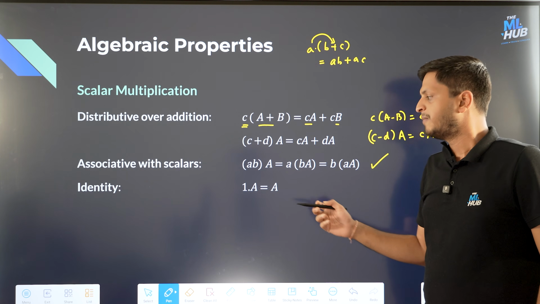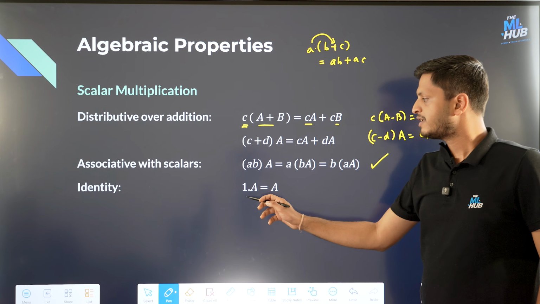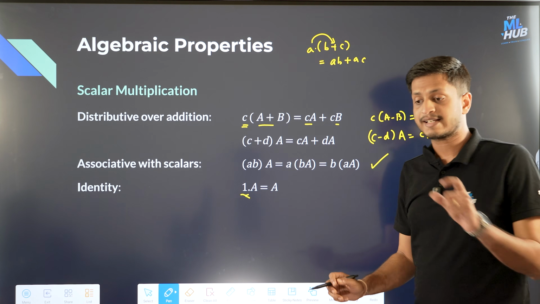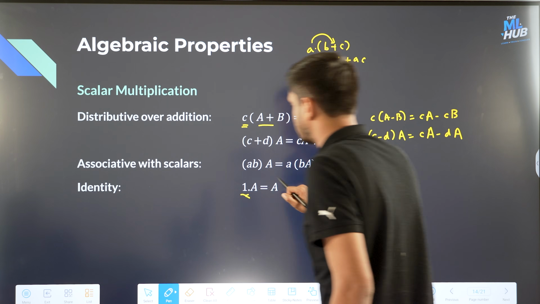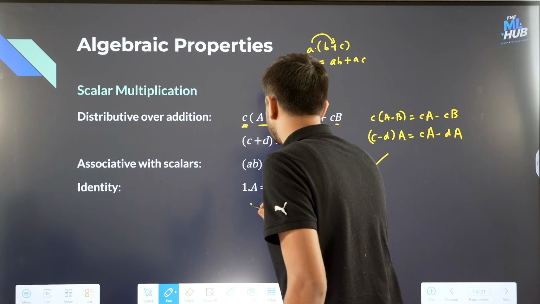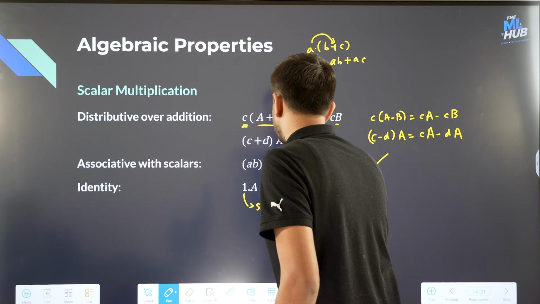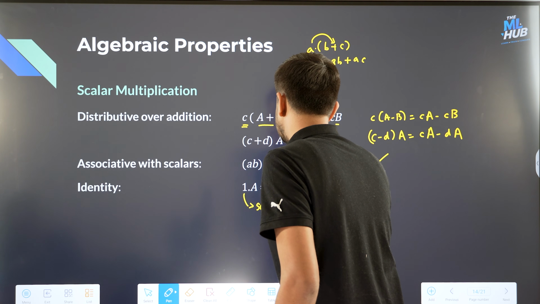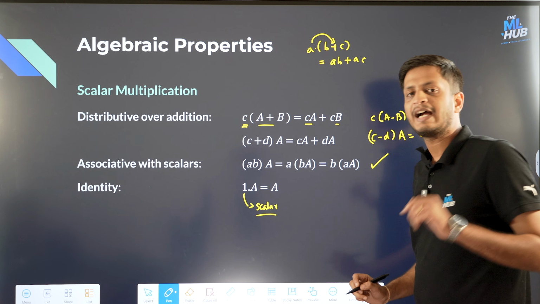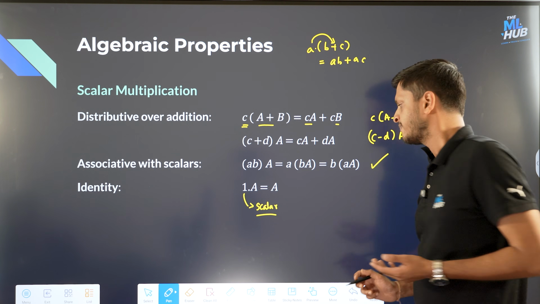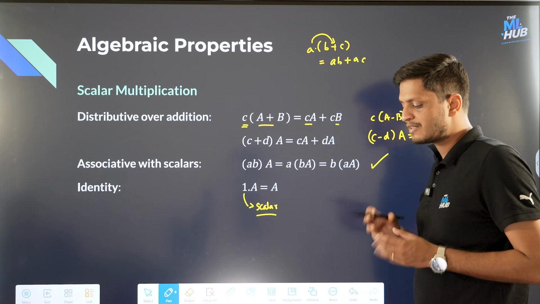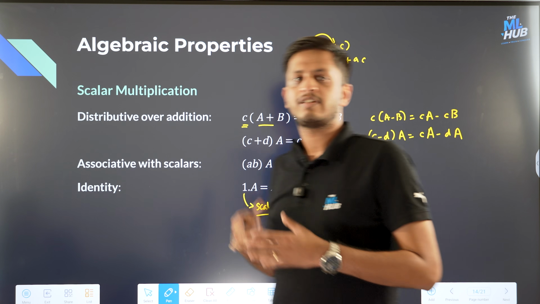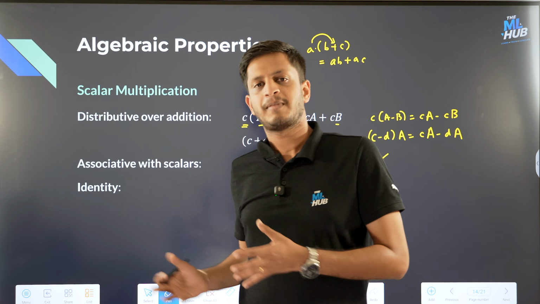Next is identity element. So 1 is the identity element, 1 as a scalar. This is not a matrix, this is the scalar 1 here. The scalar value 1 is called the identity element for any matrix. Now what is an identity element? It is the number which you multiply with any matrix such that you will get the same matrix.